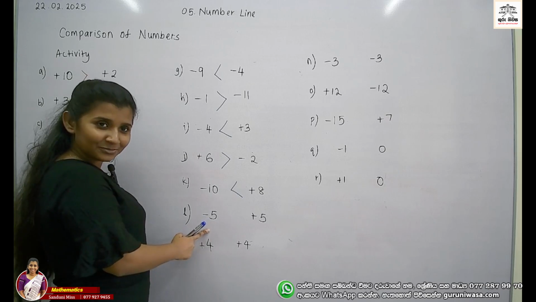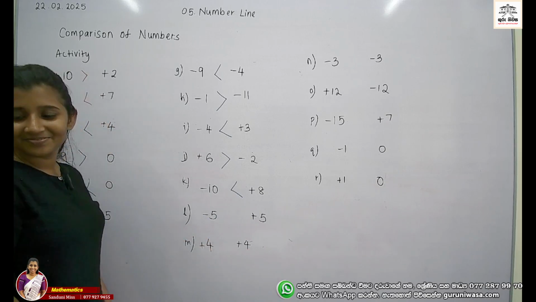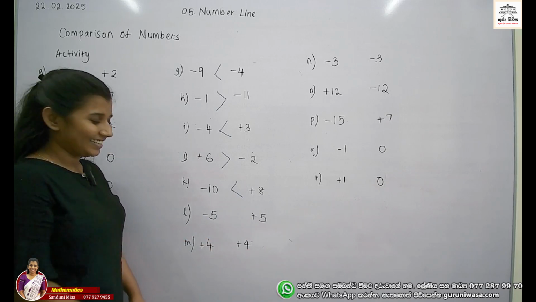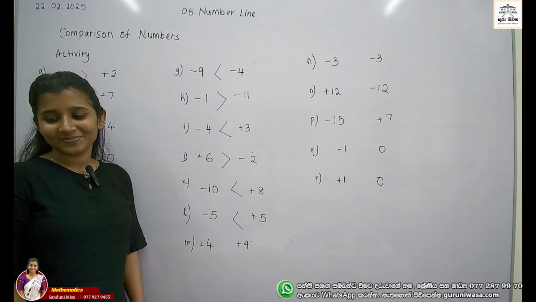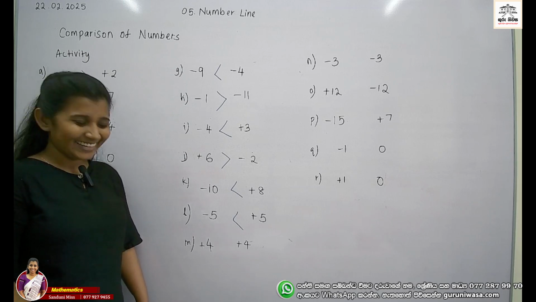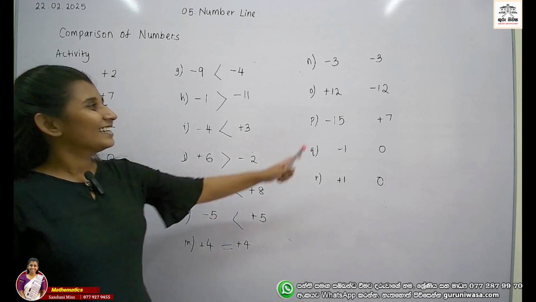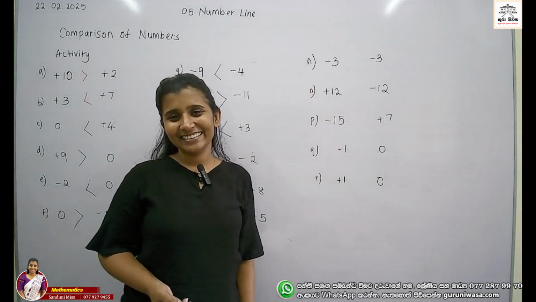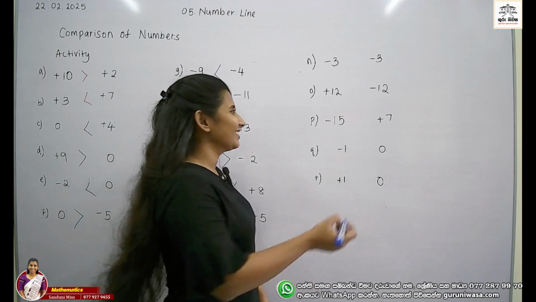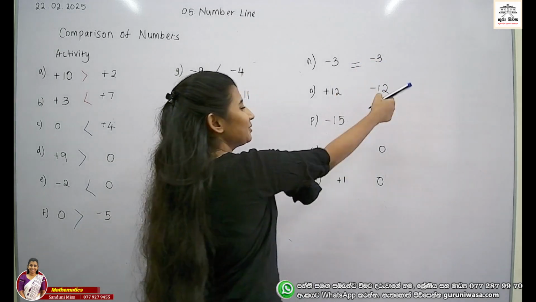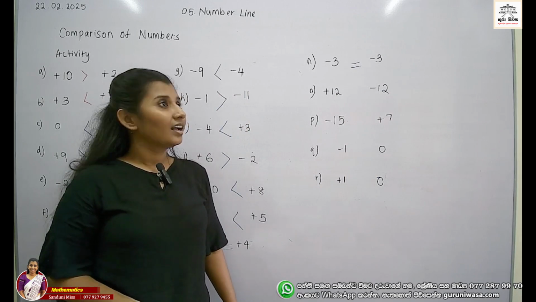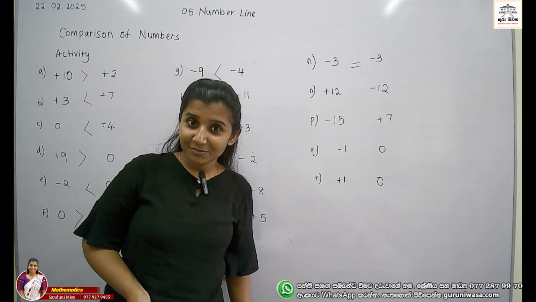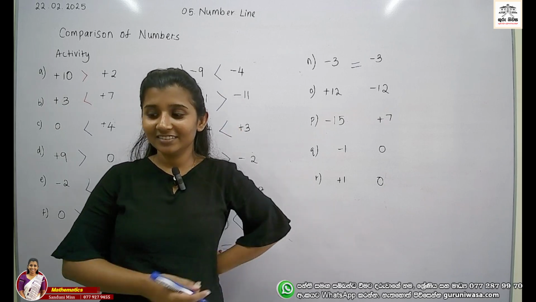Excellent. Negative 5, positive 5. Positive 5. Positive 4, positive 4. Equal. Very good. Negative 3, negative 3. Equal. Good. Positive 12, negative 12. Equal.